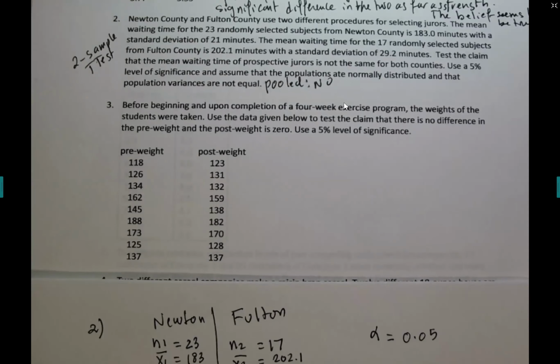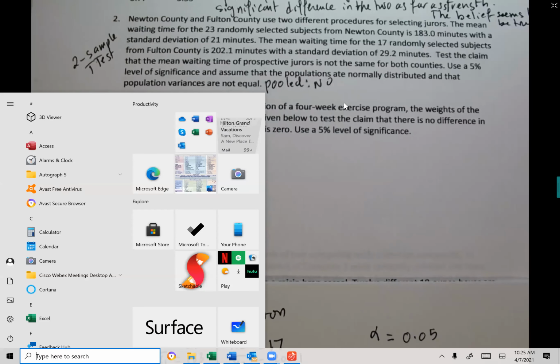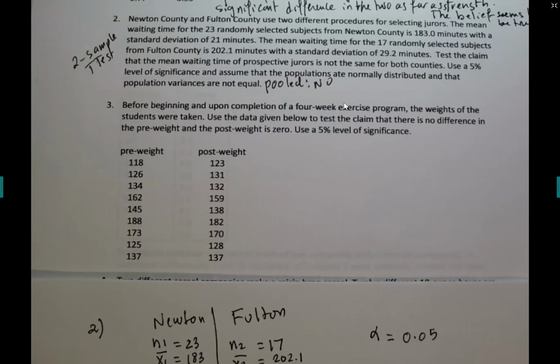All right. Number 3. Before beginning and upon completion of a 4-week exercise program, the weights of the students were taken. So it's the same students before and after.